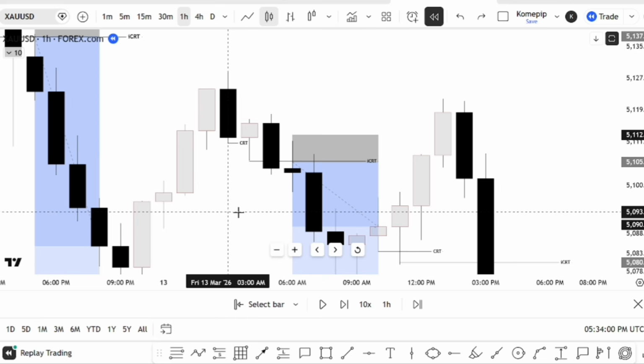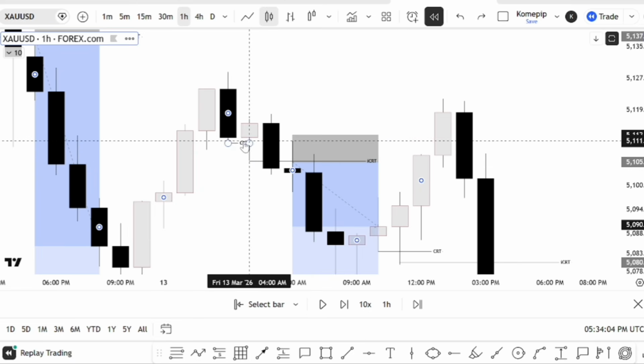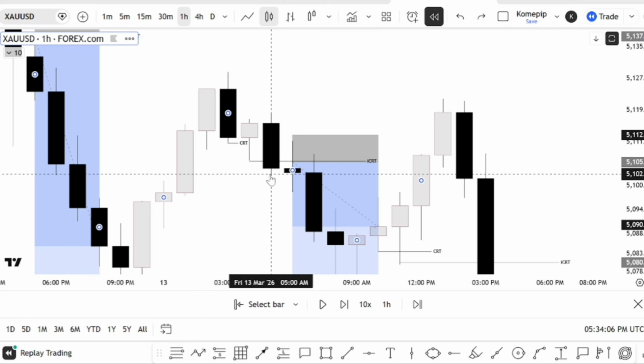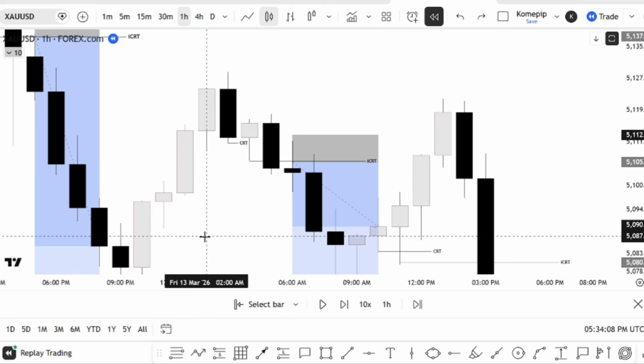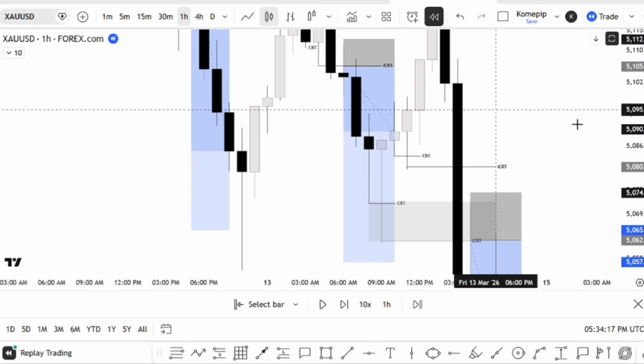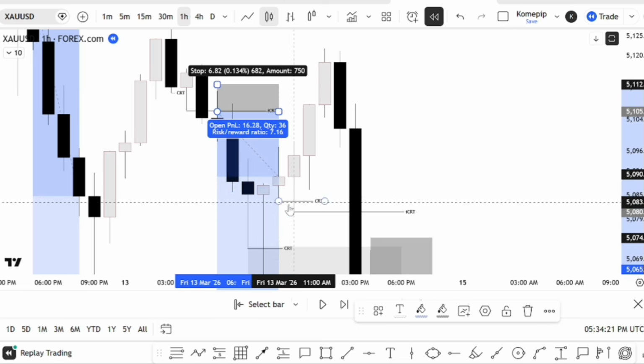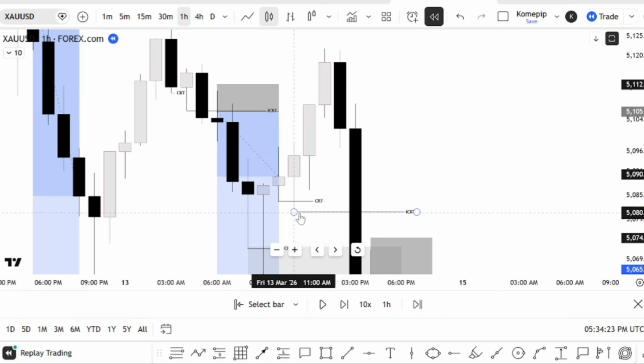So now that you've identified that, what do you do? We enter from that, because we now know that the buyers have failed, so sellers are involved. What does that imply? It implies that we are actually entering the market with the market makers. Okay, so that's the ideology behind the Komepips iCRT. Same thing applies here. We have this as a CRT level and we have this as an iCRT level.